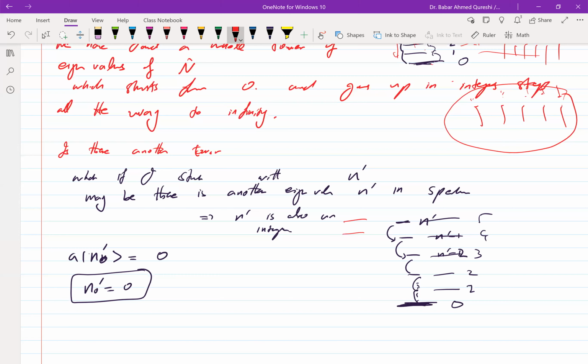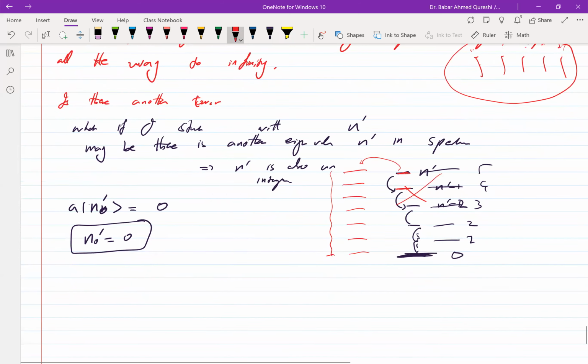So that means if I have these two towers, the towers match. But I just proved in the theorem in the beginning that there is no degeneracy. So this state has to be a multiple of this state. I do not have two states with the same eigenvalue. So I don't have two towers, there's just only one tower, and these are all the eigenvalues.